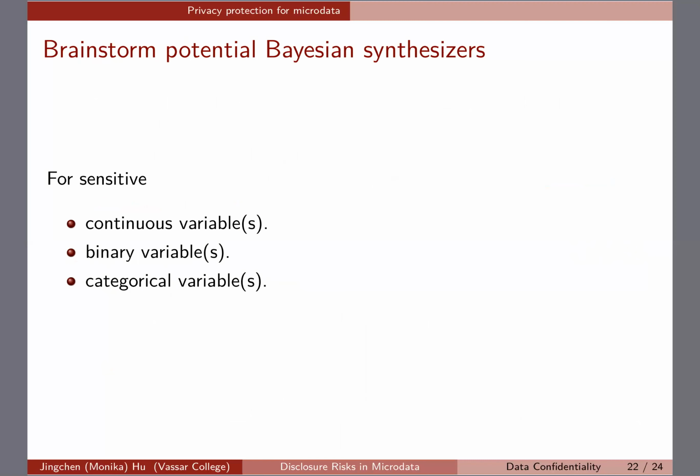And I would imagine for your own project, when you do synthetic data generation, it really depends on which variables you think are sensitive, and depending on what type the variable is, you will have to go with the most appropriate modeling approach. I will defer this slide until I introduce the consumer expenditure data set again, where you will see all kinds of types, and you will have to brainstorm what kind of methods you want to use.